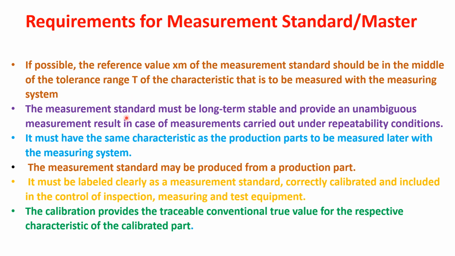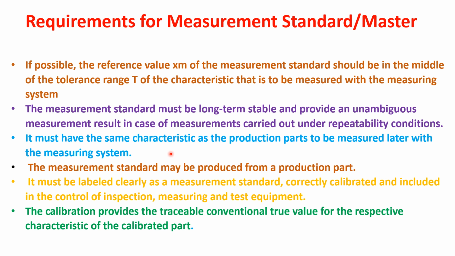The master or reference standard should be long-term stable. It should be sturdy. It must have the same characteristic as the production part to be measured later with the measurement system. What is the meaning of this? The same characteristic, 6 plus minus 0.5 in the example we have taken, is a production characteristic which is being monitored as per the control plan.